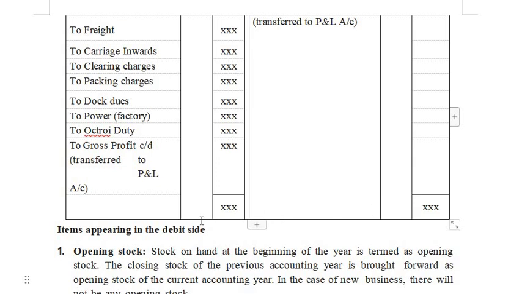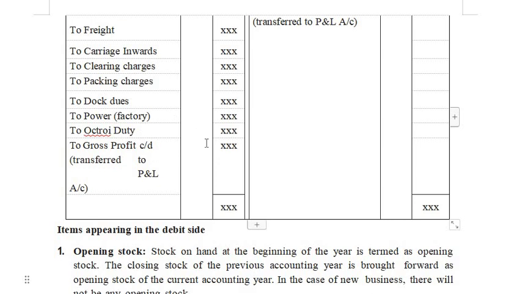So 11 lakh minus 6 lakh, because the credit side is income. When the income is more than your expense, we can say it is a profit. So the difference will appear on the debit side, and you mention it as gross profit. Why do we say gross profit? Because some more expenses and some more income are not considered while preparing the trading account. That's why whatever difference we get may be a gross profit or gross loss.